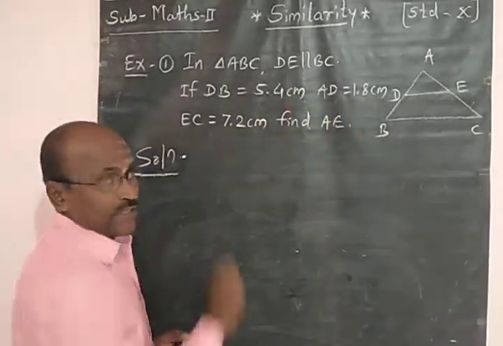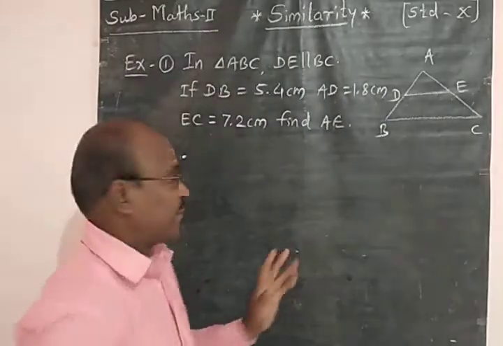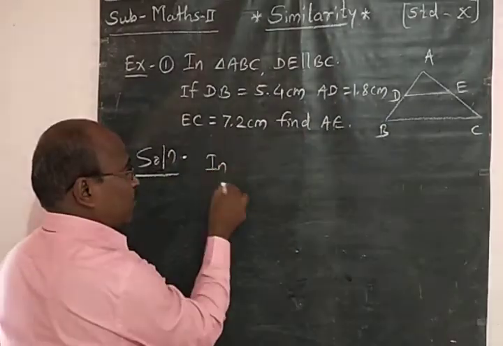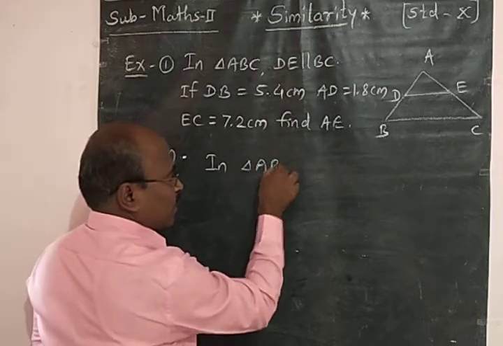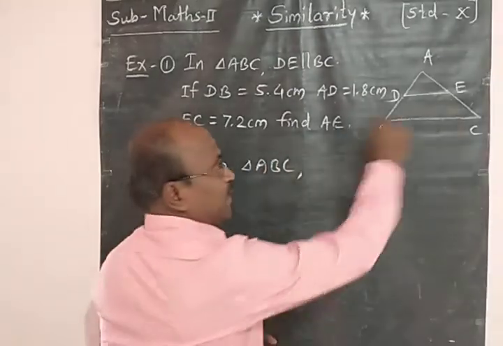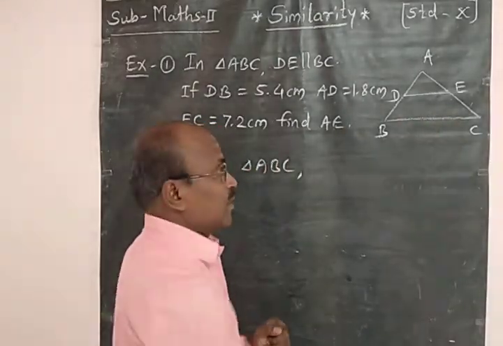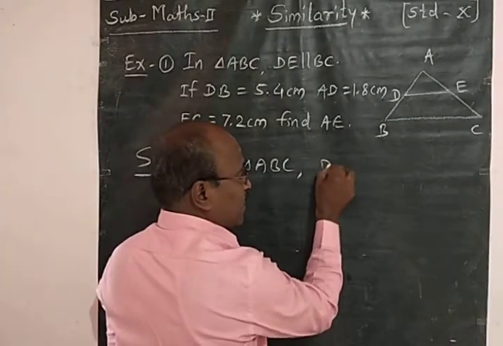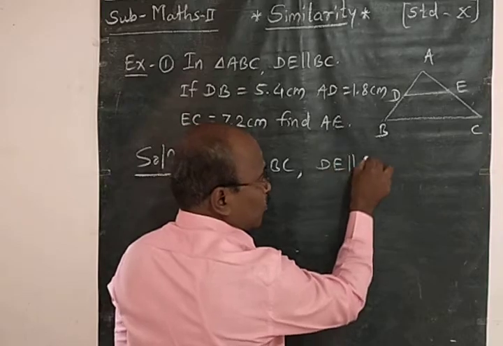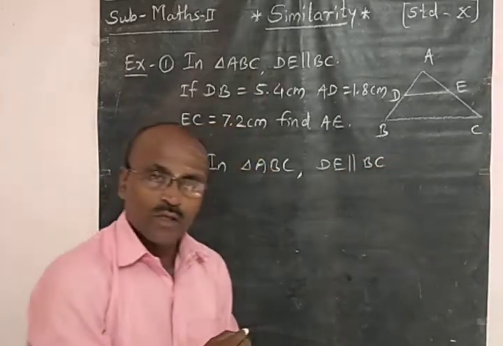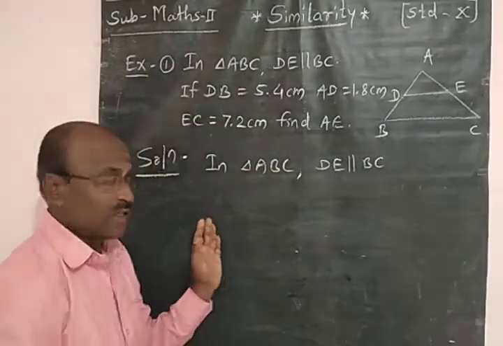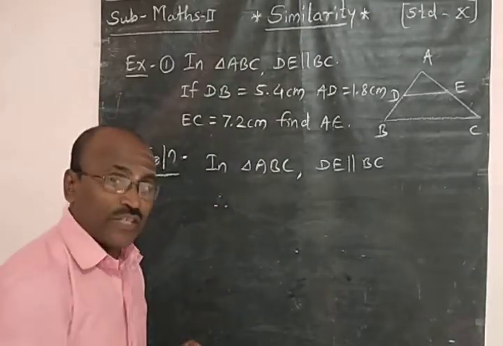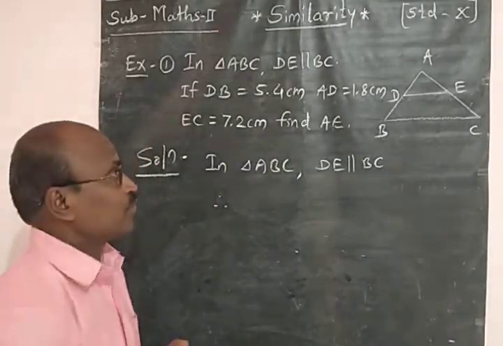In triangle ABC, which line is parallel to the side? Here segment DE is parallel to BC. Then you can write here by using the basic proportionality theorem.